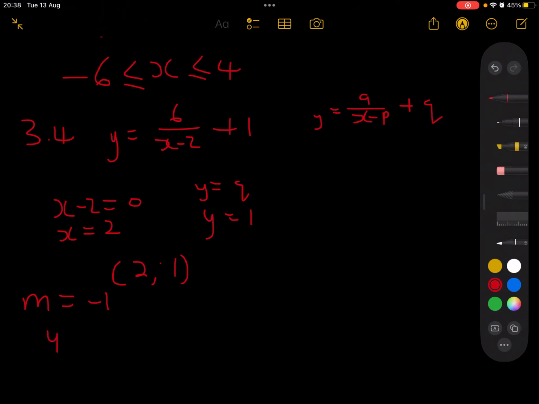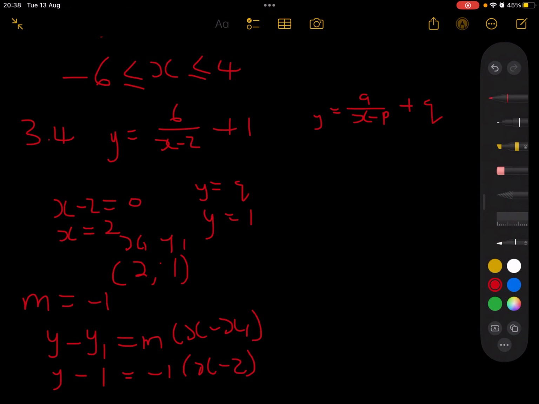So, we can use our analytical skills here by using y minus y1 equals m times x minus x1, with x1 and y1. So y minus 1 is equal to negative 1 times x minus 2.